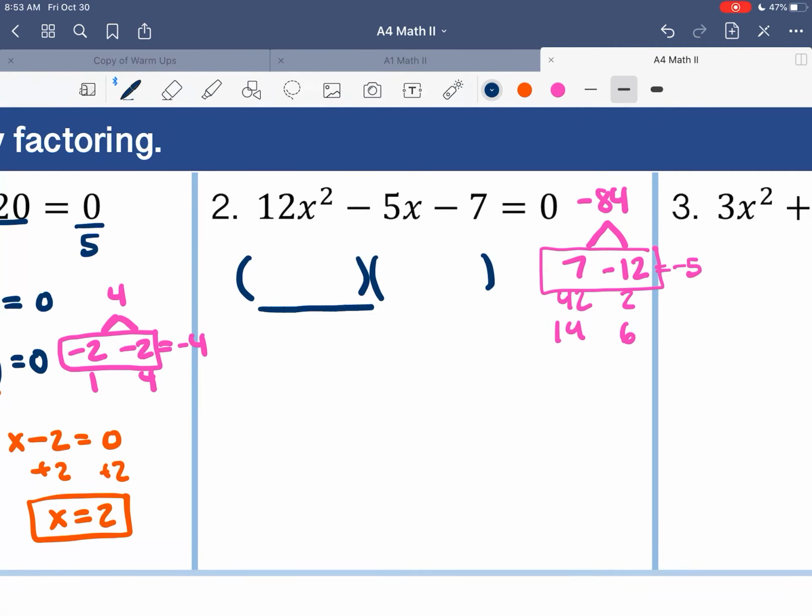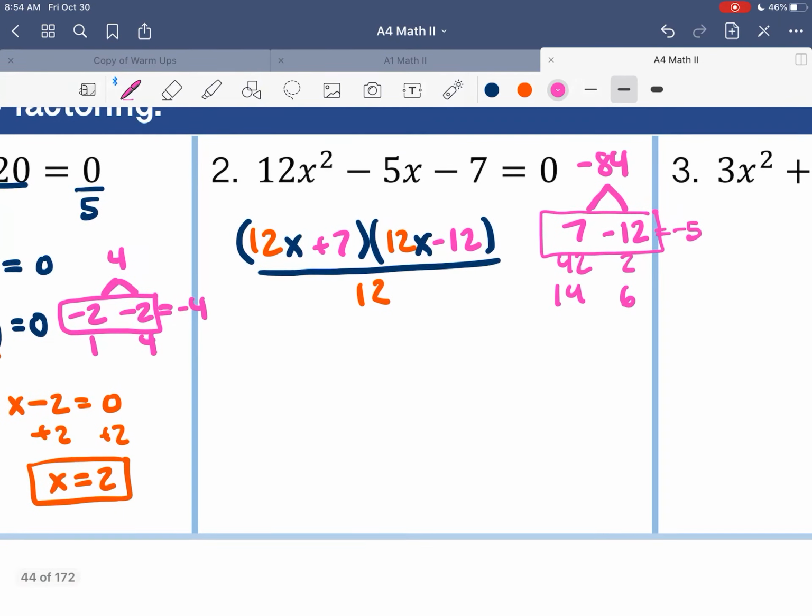Okay, here we go. We're setting up our binomials. 12 goes all 3 places, and then we have an x, and then we have a positive 7 and a negative x, negative 12. So you might already be able to tell what's happening here. Look at this. That has something we can factor out so that we can cancel our 12 on the bottom.